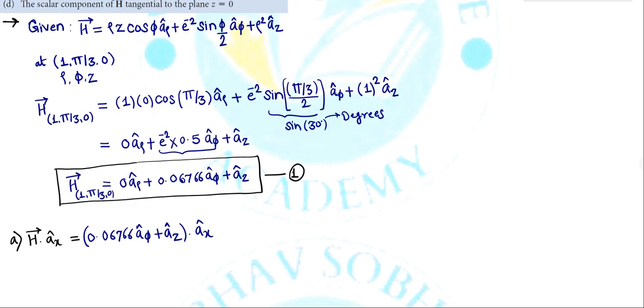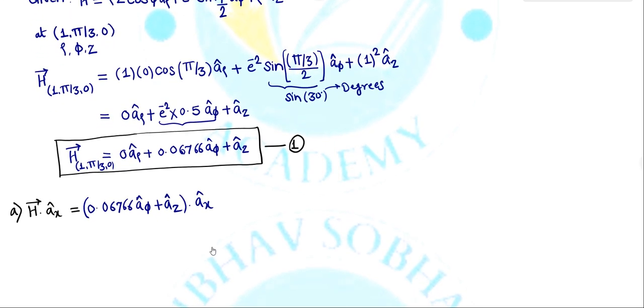Now you can refer to the dot product table. Hope you have referred my previous videos so that you will have the answer for that one. For now I am going to write the answer directly over here.